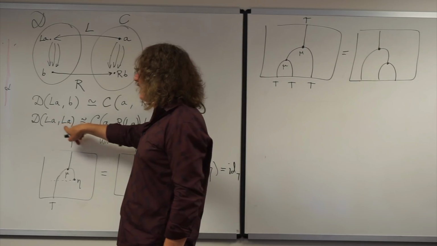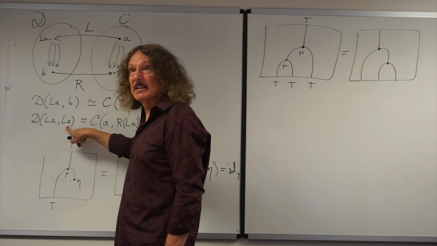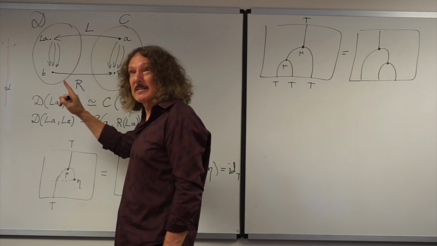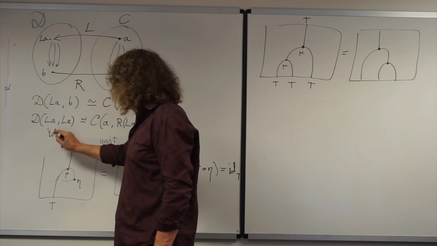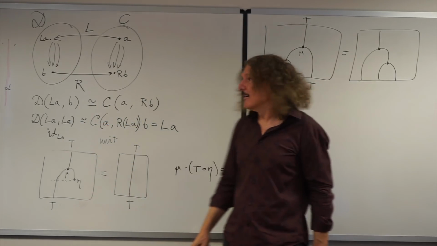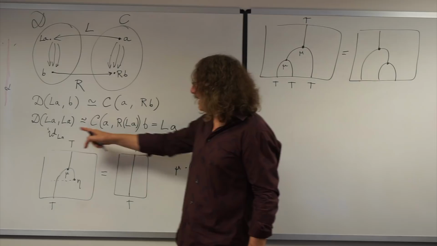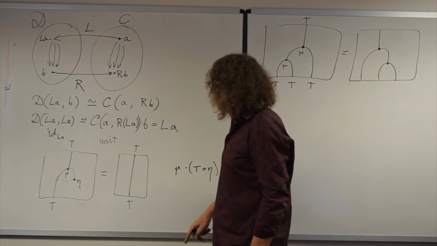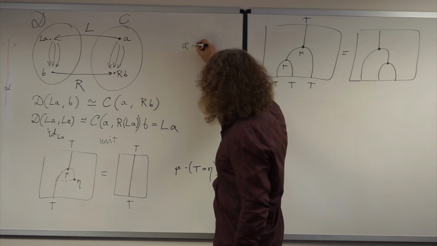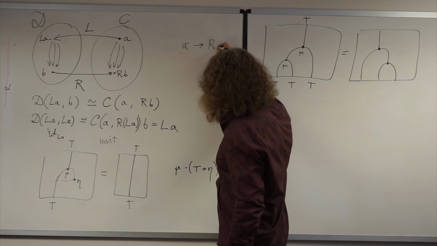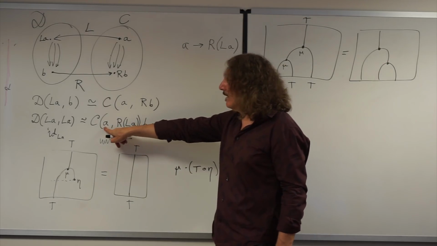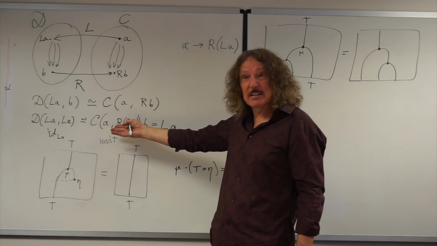Now this Hom set from LA to LA, it's the same object, so I know that there is one member there, for sure, always: the identity on LA. So corresponding to this identity, there has to be something in here. This something is a morphism that goes from A to RLA.